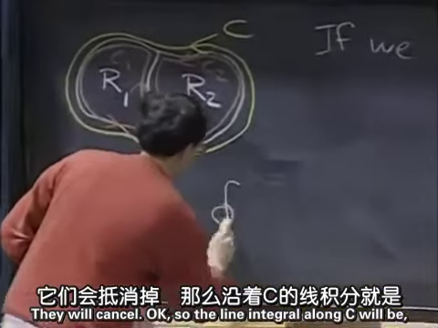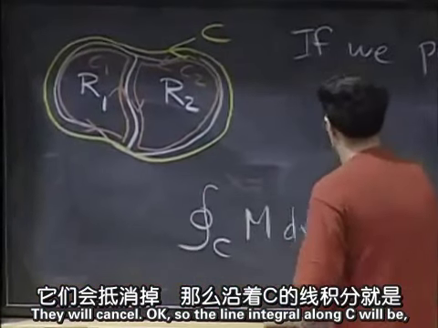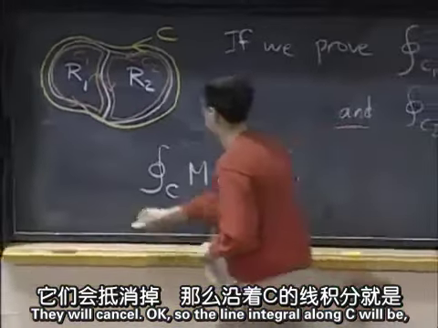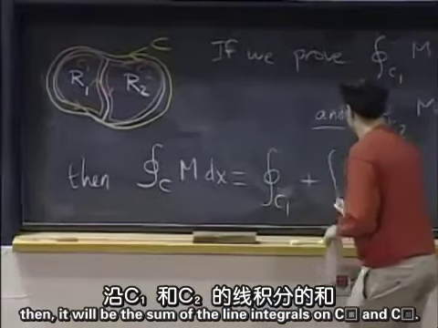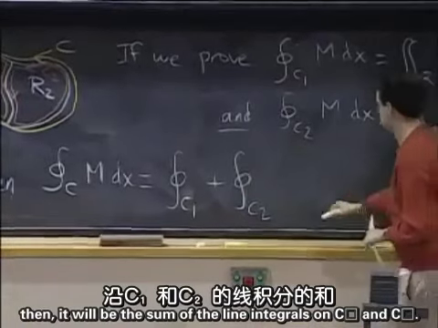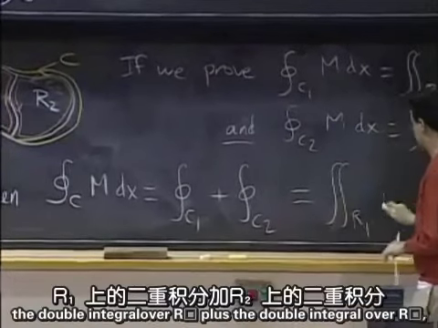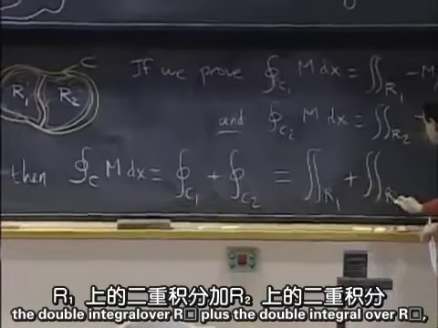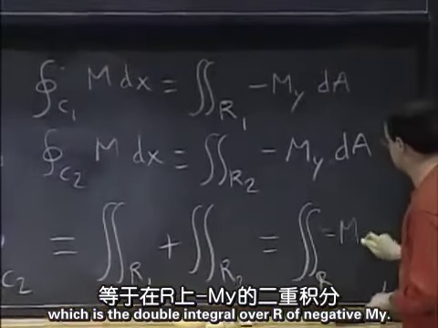Okay, so the line integral along C will be then the sum of the line integrals on C1 and C2, and that will equal, therefore, the double integral over R1 plus the double integral over R2, which is the double integral over R of negative my.